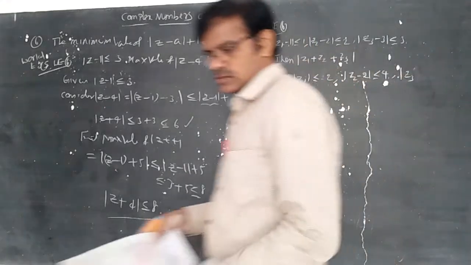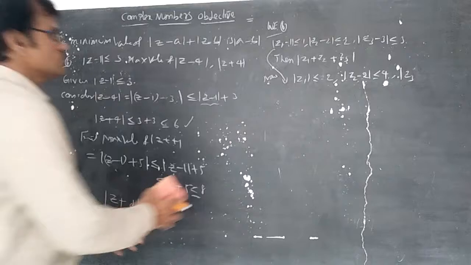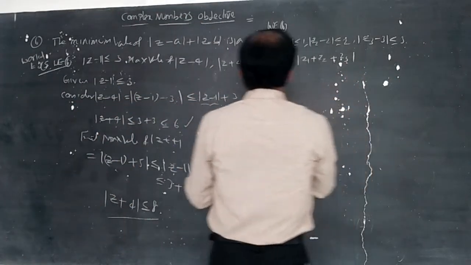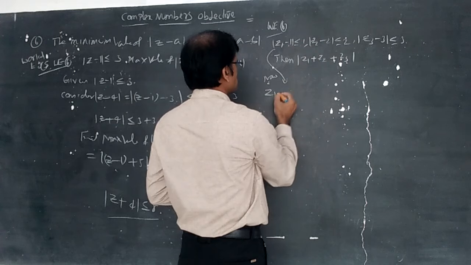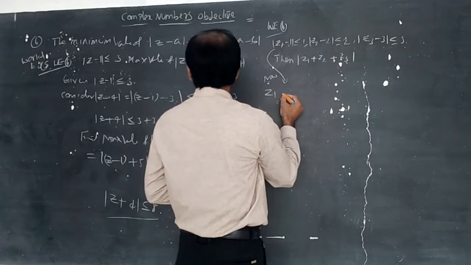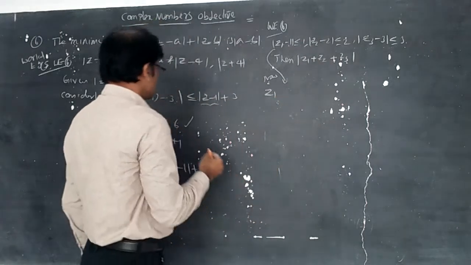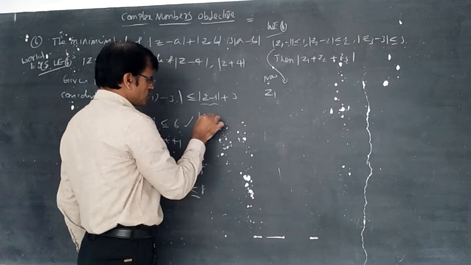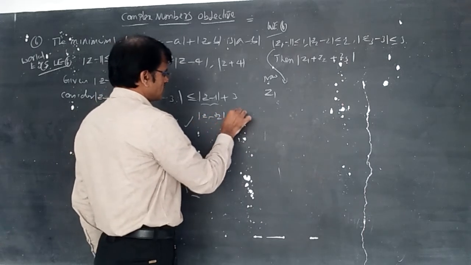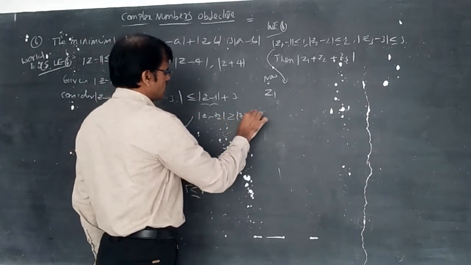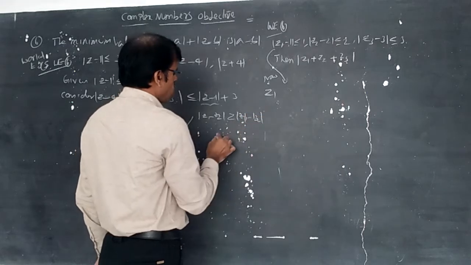Directly we can write modulus of z1 minus 1, taking that side. By using the modulus of z1 minus z2 concept, modulus of z1 minus z2 is greater than or equal to modulus of z1 minus modulus of z2. So 2 is greater than or equal to modulus of z minus modulus of 1. Write the formula: modulus of z1 minus z2 greater than or equal to modulus of z1 minus modulus of z2.